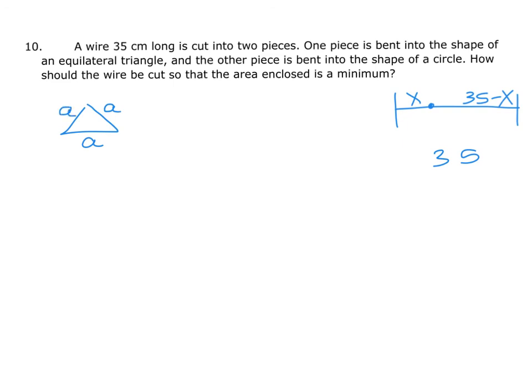So 3a equals x. And then we have our circle, 2 pi r, circumference, equals 35 minus x. So in both cases, we're solving for the sides in terms of x. We want x in our problem.